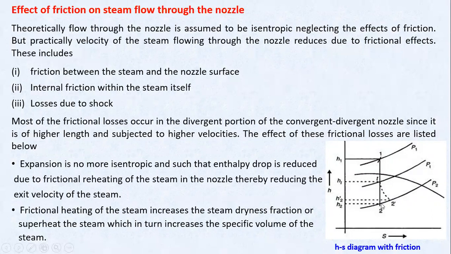So frictional heating of the steam occurs, which increases the steam dryness fraction. Sometimes it will also superheat the steam, and in turn increase the specific volume of the steam. Also, it reduces the exit velocity of the steam because of the frictional heating.